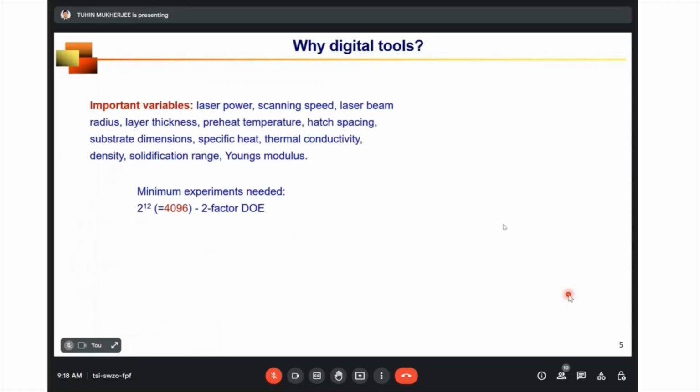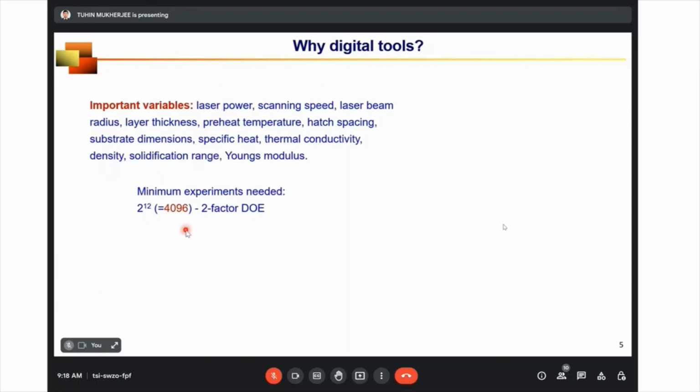So why do we need mechanistic modeling and machine learning? I am going to give you two reasons. As you know, there are many variables that we can adjust during the experiment, like laser power, scanning speed, beam radius, layer thickness, and so on. I have listed 12 such variables.